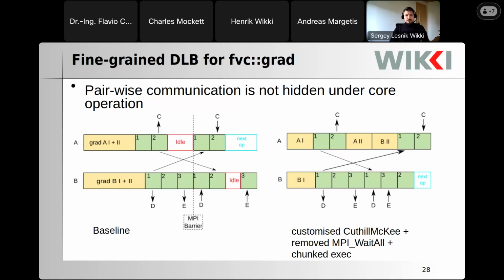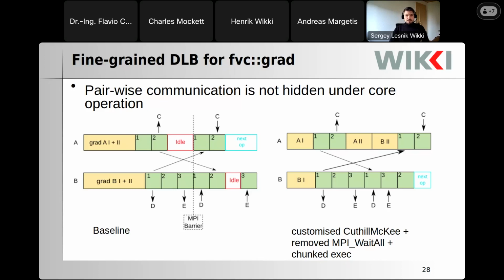And the normal narrative is that, okay, you have to improve the solvers, but for the high fidelity, that is not actually the case. The similar situation can be done for the gradient, and there the situation with the communication is different.